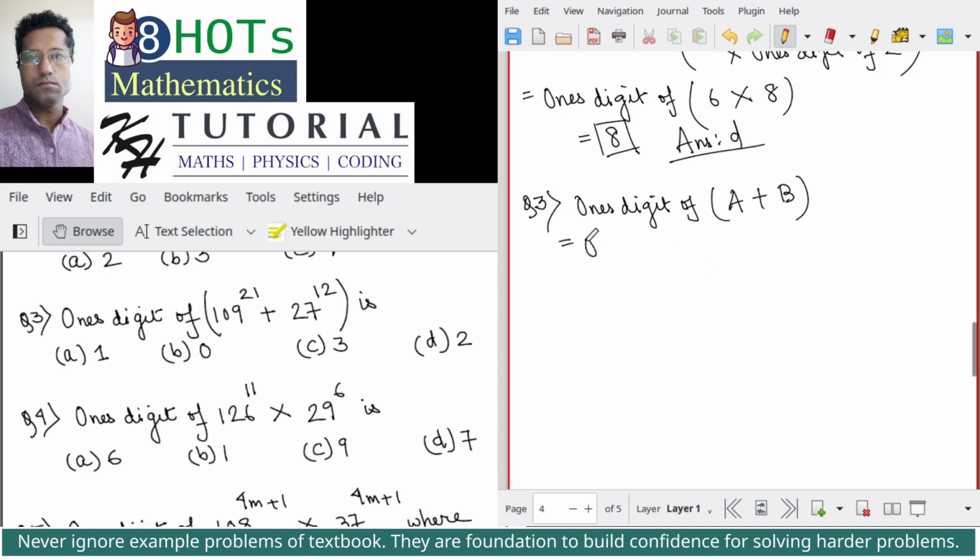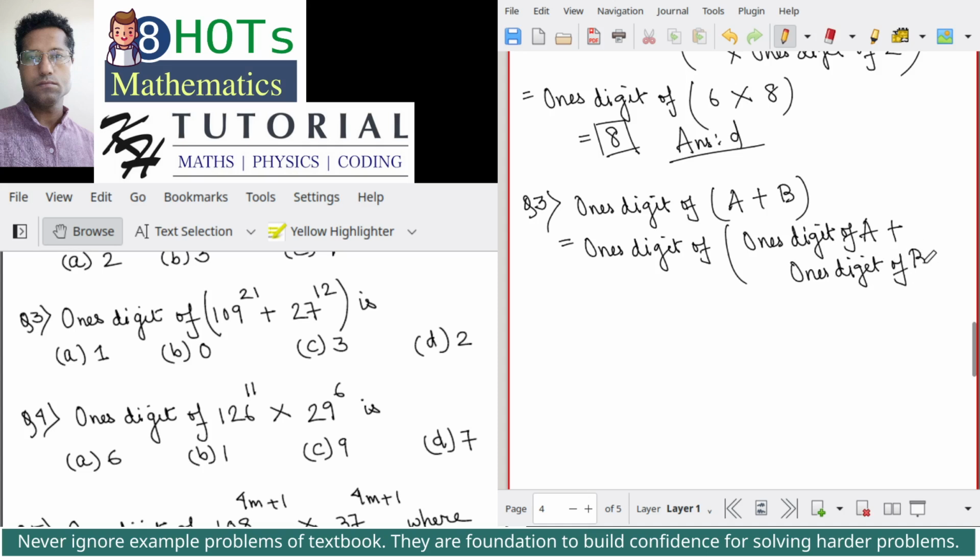This is nothing but the ones digit of the ones digit of A plus the ones digit of B. This is from basic simple addition of numbers.